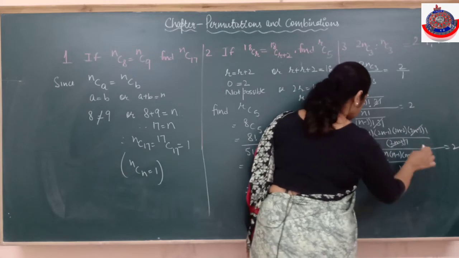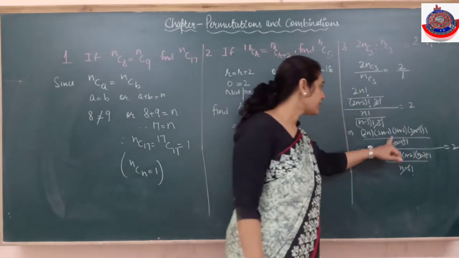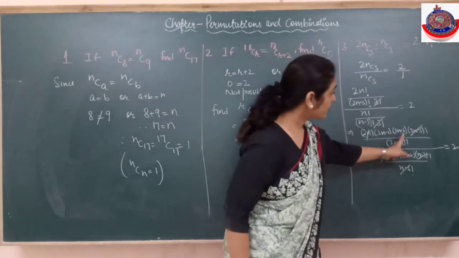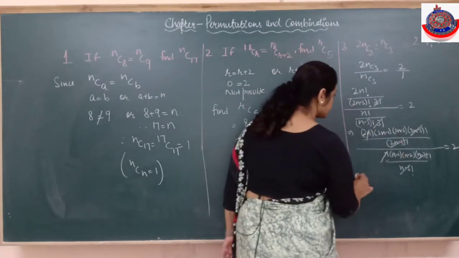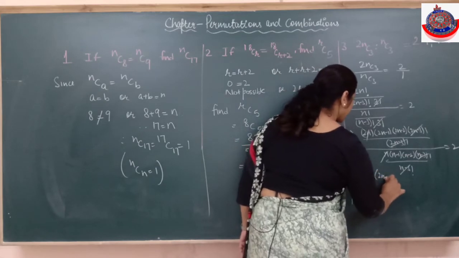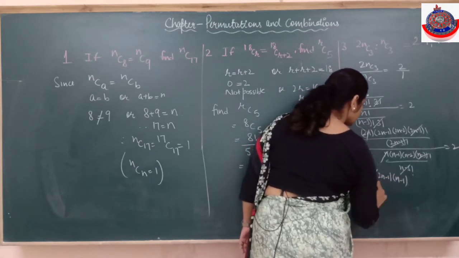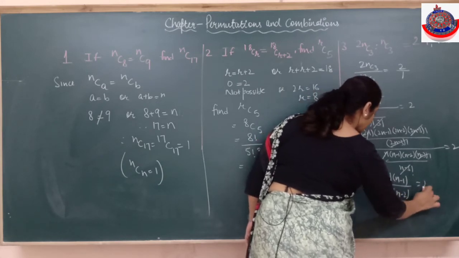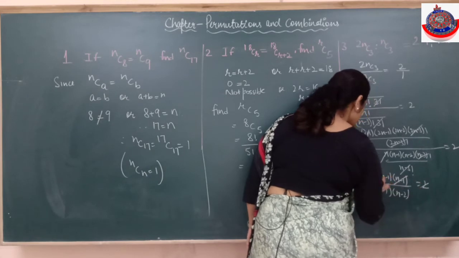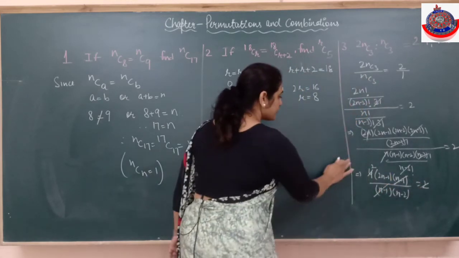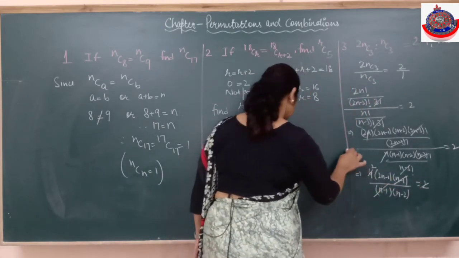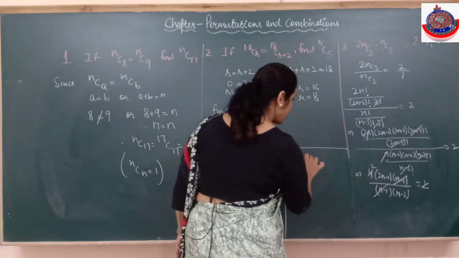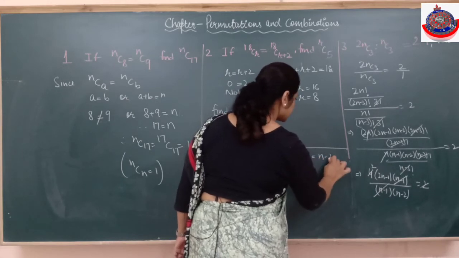Now here also n and n get cancelled. From here, can I take 2 common? n minus 1 cancels. Just solve it further. So I have 4n minus 2, n minus 2 will go that side.